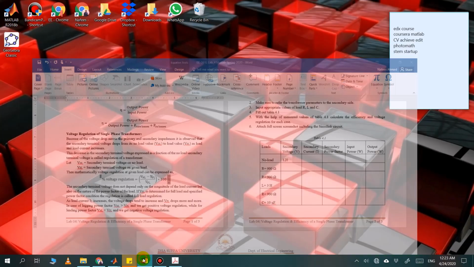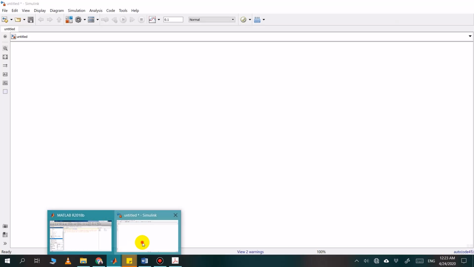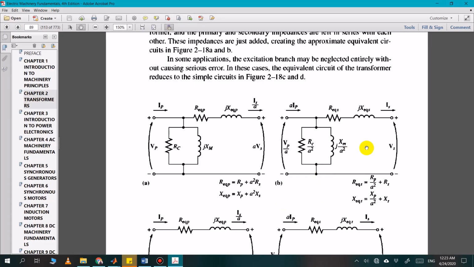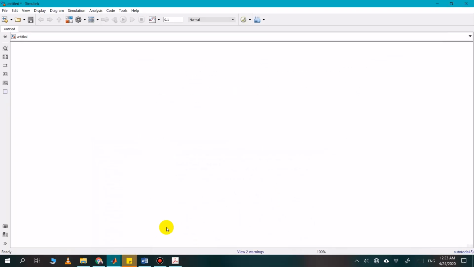let's get started. On Matlab, we have to make this circuit. We already know these parameters. We got the values of these parameters in lab number 2 and lab number 3. Okay, let's make this circuit.